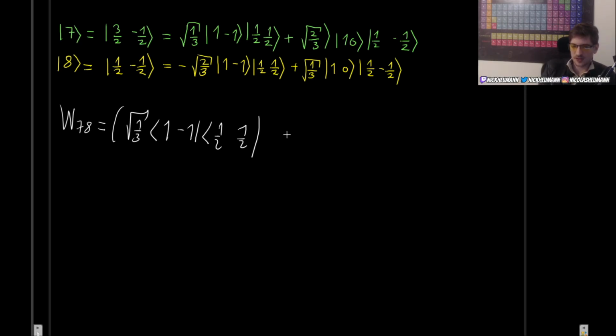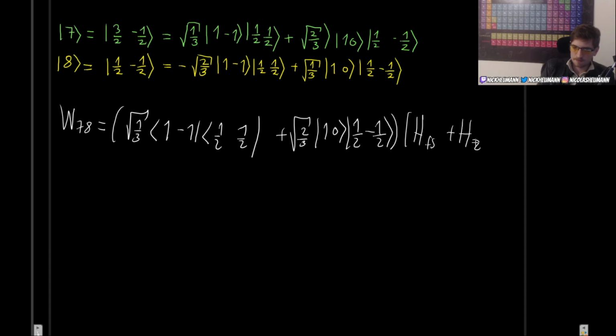We only need to understand the states we are dealing with. We don't really need to write them down. And then we get plus square root of 2 over 3, 1, 0, 1/2, minus 1/2. And then we get the Hamiltonians. And now we multiply by this exact thing here.